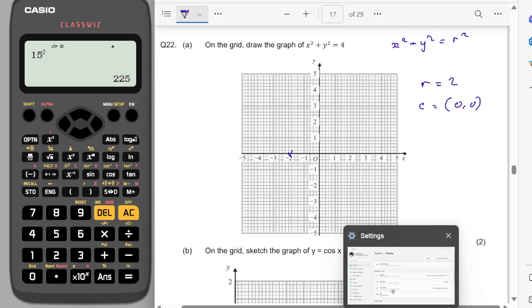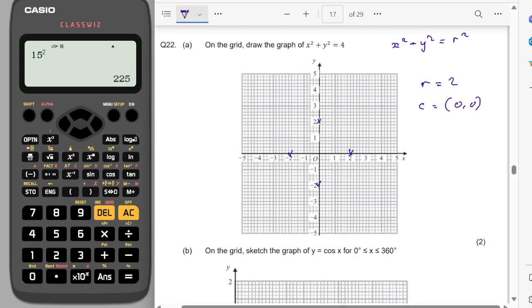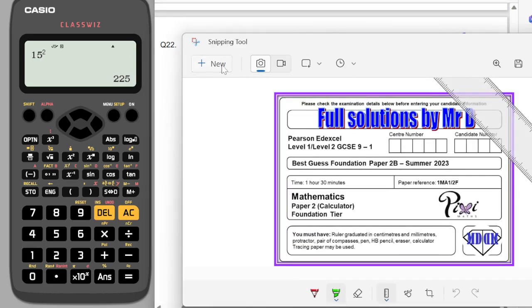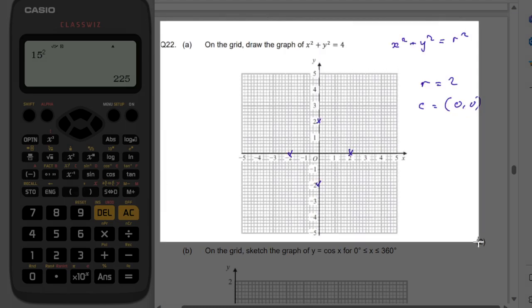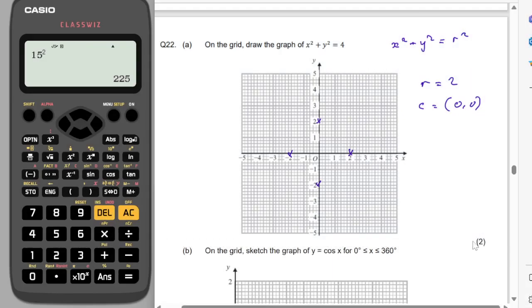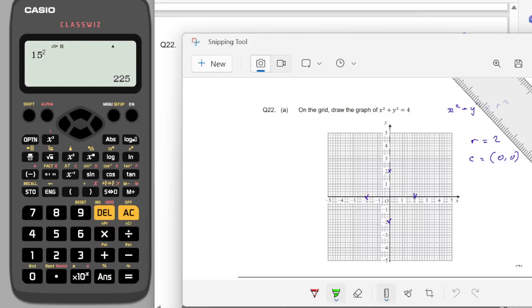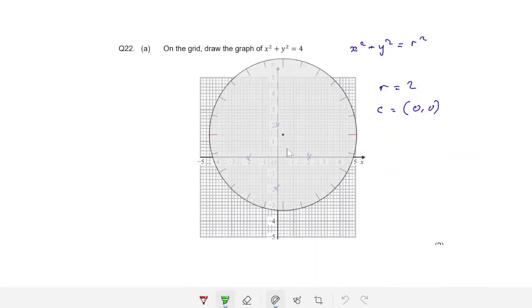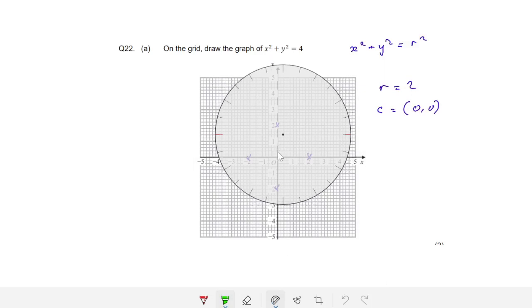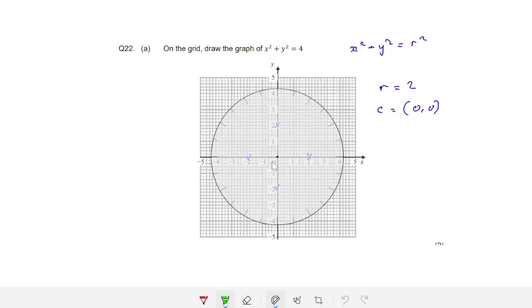I want to draw a nice circle going through these points, which I can't really do in here. So what I'm going to do is snip it into my snipping tool, because I can do a nice circle on there. So let's take that off and bring my protractor in. You do this with your compass.